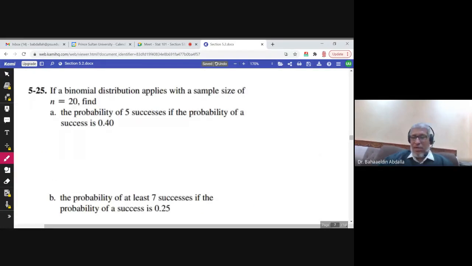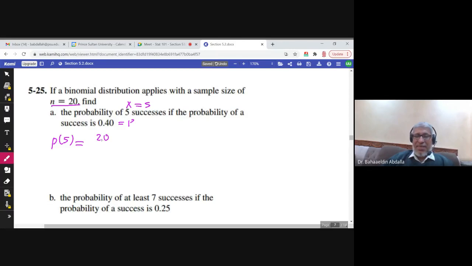Let us take one example. If a binomial distribution applies with a sample size of 20, find the probability of 5 successes. So X is 5. If the probability of success is 0.4, so this is P. All right, how to find probability of 5?